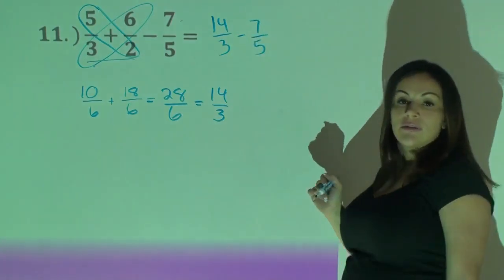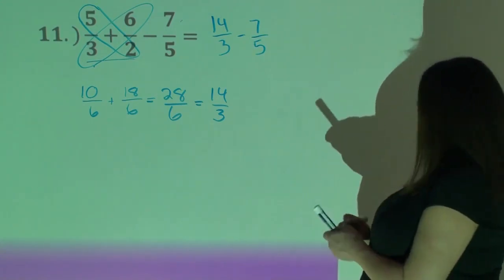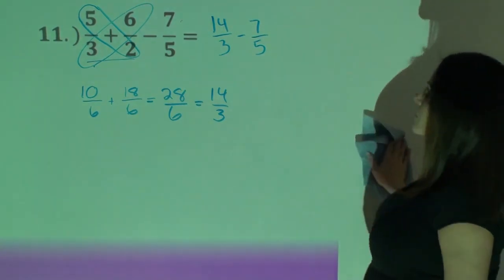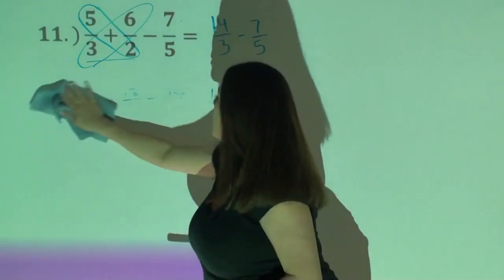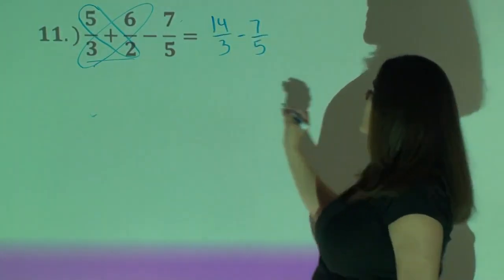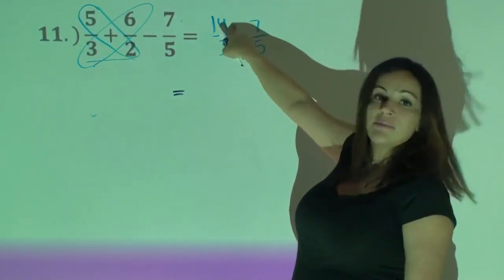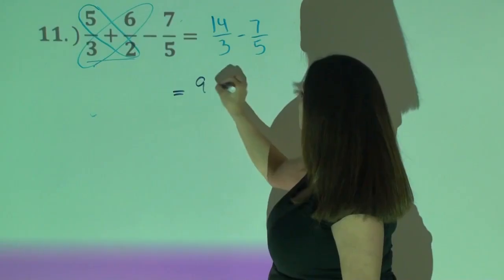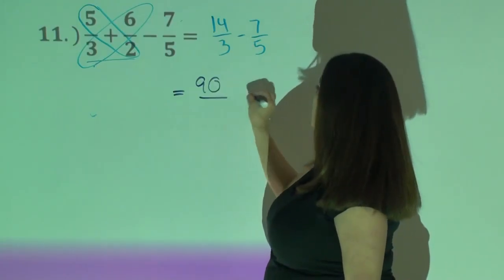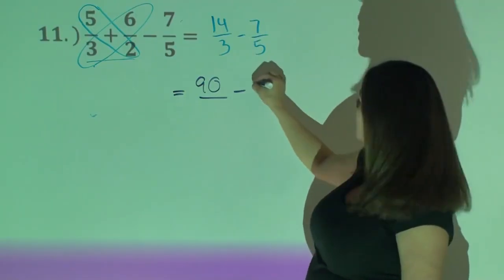Now it's just a subtraction. So again, we want to get a common denominator. And I'm going to erase this part so we have some room. So now 14 times 5 is 90. Minus, we've got 7 times 3 is 21.